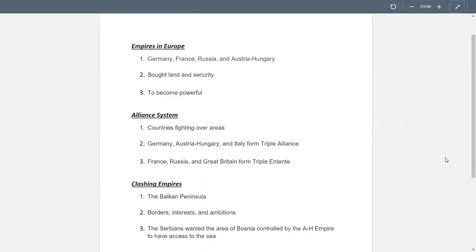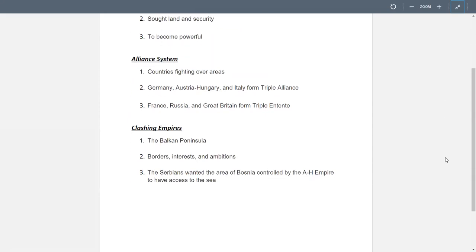And so these countries start coming to secret agreements on protecting each other. So Germany, Austria-Hungary, Italy form what's known as the Triple Alliance. And they promise to help each other in the event that anything were to happen militarily. France, Russia, and Great Britain, worried about Germany and Austria-Hungary, form the Triple Entente. And these are secret agreements in which they agree to help each other if they're attacked by another country.